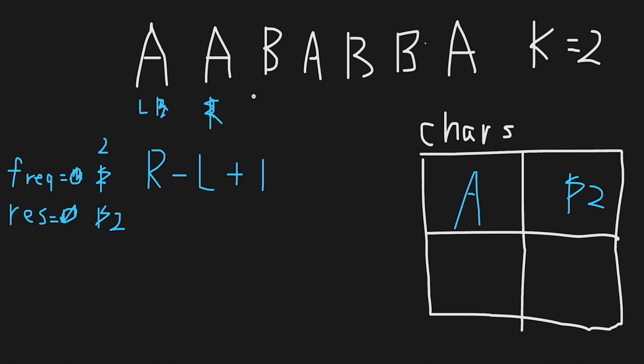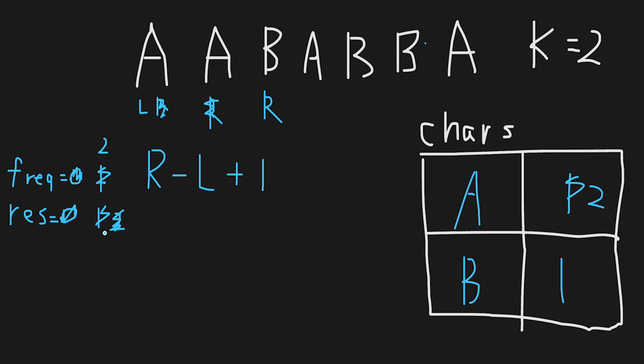And then move next. We find B, so add B to the hash. But A is still the most frequent character, so I don't update the frequent variable. And for the result variable, we can change a character twice at most. So if I change this B to A, we get 3 A's.